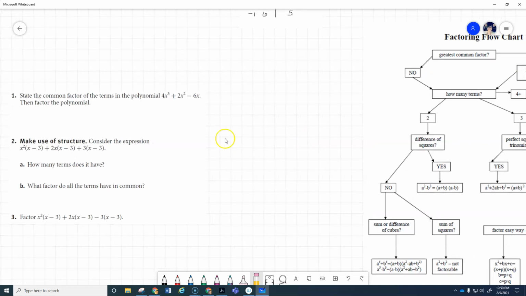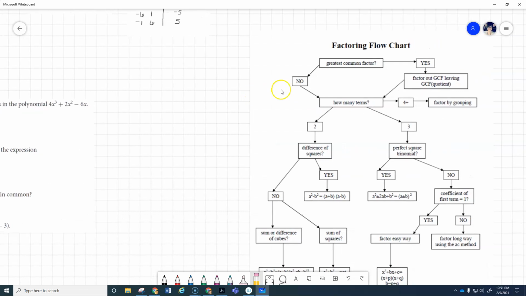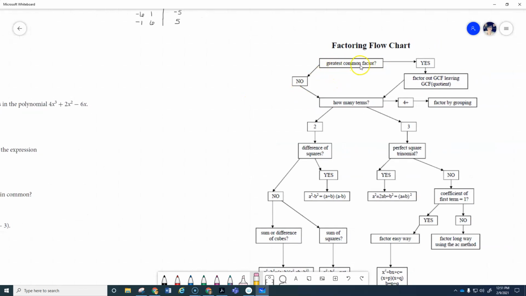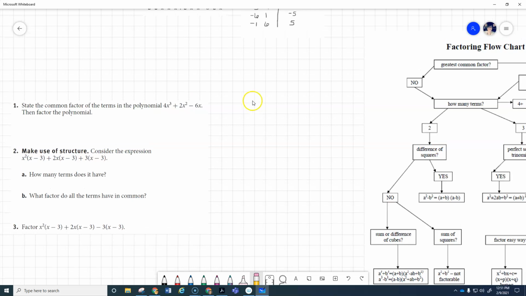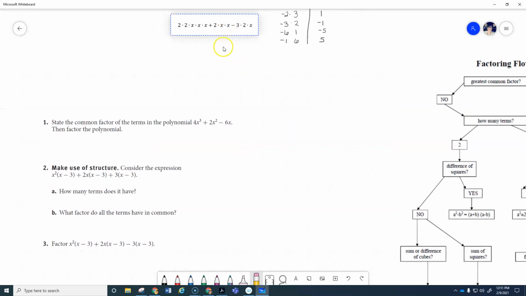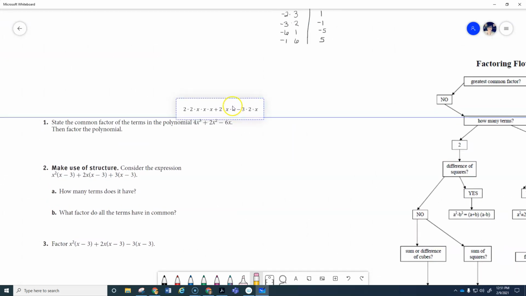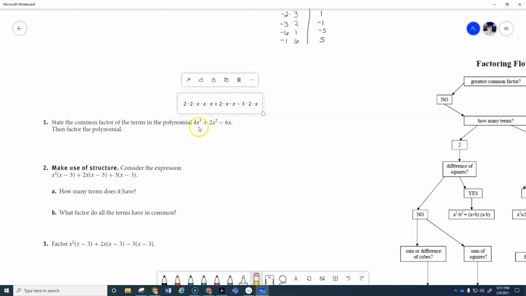Because as it states right here, the question says state the common factor from this polynomial, and the very first question on the flowchart is, what is the greatest common factor? So that's what they're asking you to do right here, is check to see if this has the greatest common factor. Remember that this is the prime factorization of this polynomial right here.